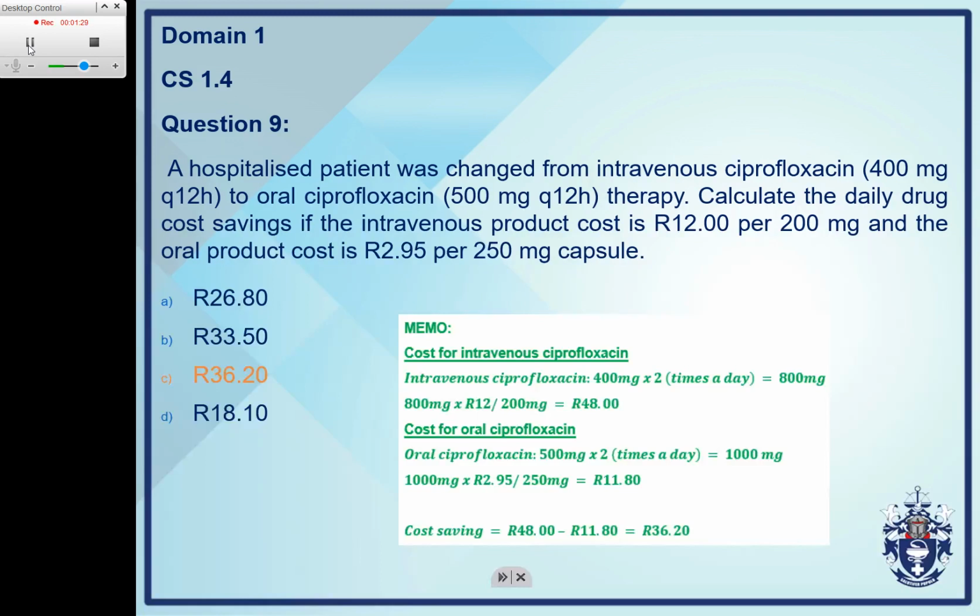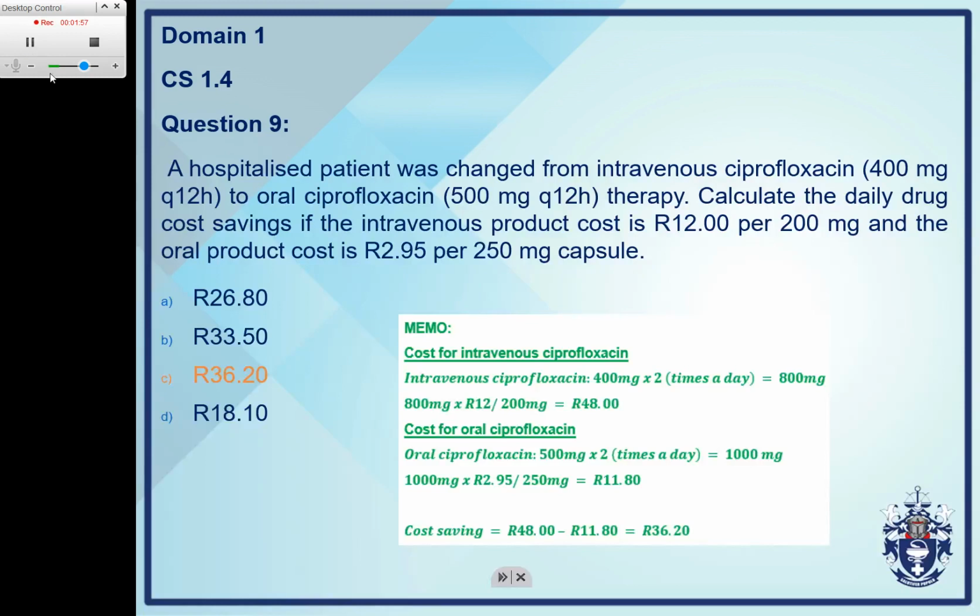So for the intravenous route, that will be 800 milligrams, and for the oral route, that will be 1,000 milligrams. The next step is to calculate the cost for the 24-hour treatment, and that comes down to 48 Rand for the intravenous route and 11.80 Rand for the oral route.